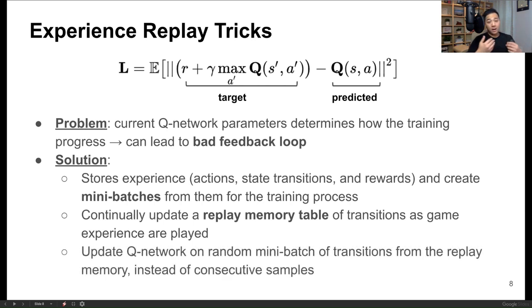You update the Q network based on a random mini batch of these transitions from replay memory, instead of taking consecutive samples, right? So all of your training samples will be random from the experience replay, not directly generated by the current state of the Q network, right? So this helps a lot with the DQN.